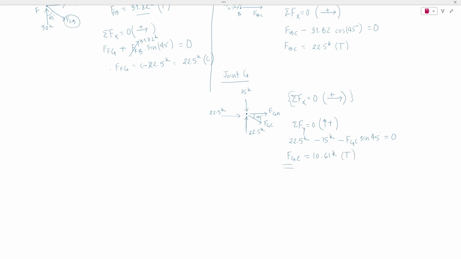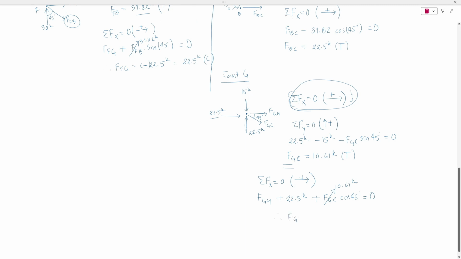So now once we know FGC, we can apply summation of forces in the x direction to be 0, considering forces towards the right positive. Then we have FGH plus 22.5 kips towards the right, and then the horizontal component of FGC cos 45. Summation of all these forces would be 0, right? We calculated FGC to be 10.61 kips.